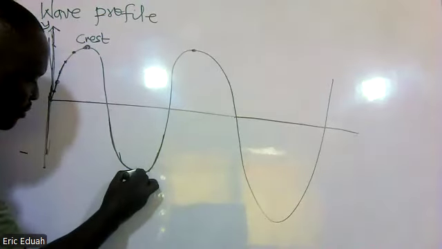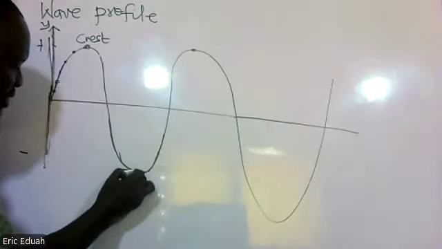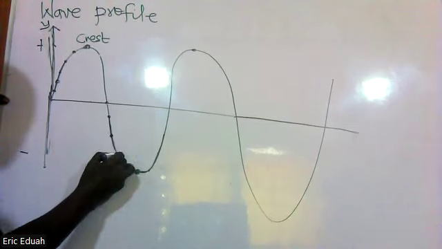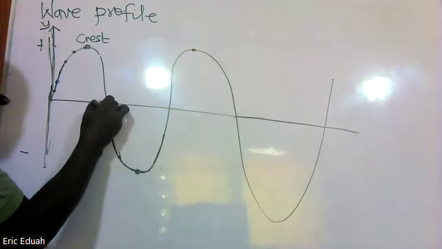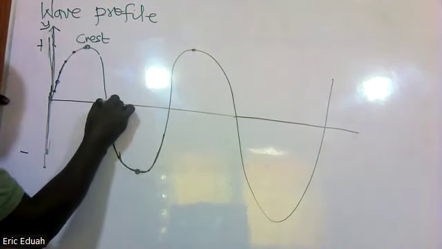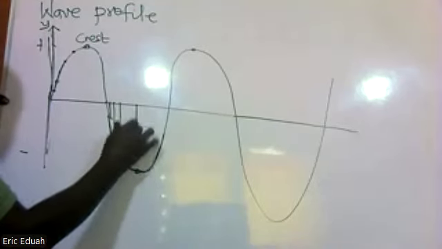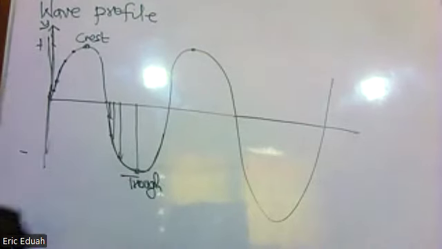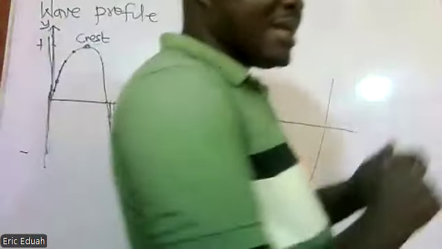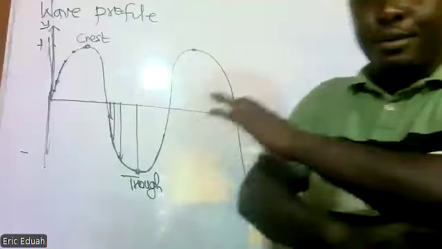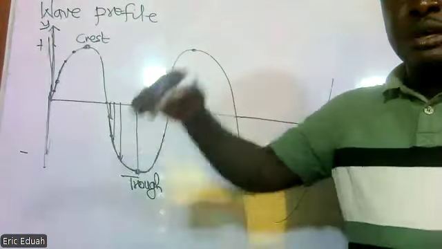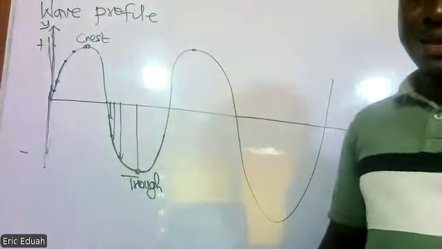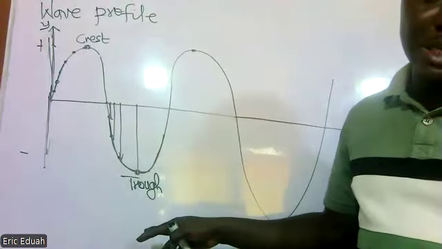So maximum downward particle vibration would occur here, and it's known as the trough. So the trough is a maximum downward vibration of particles. The crest is the maximum upward vibration of particles.